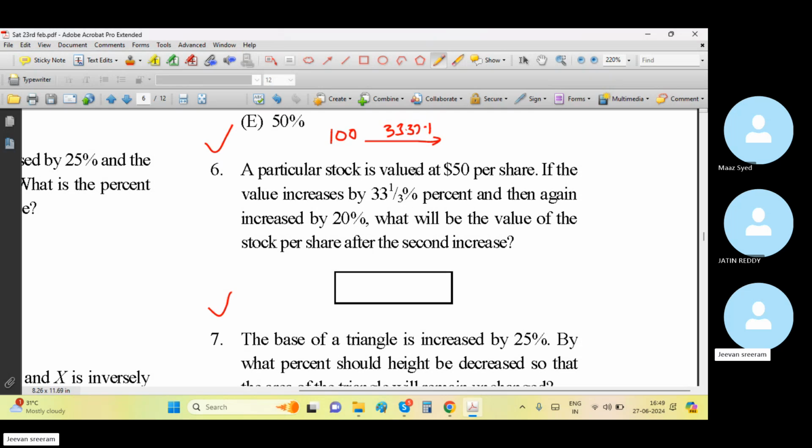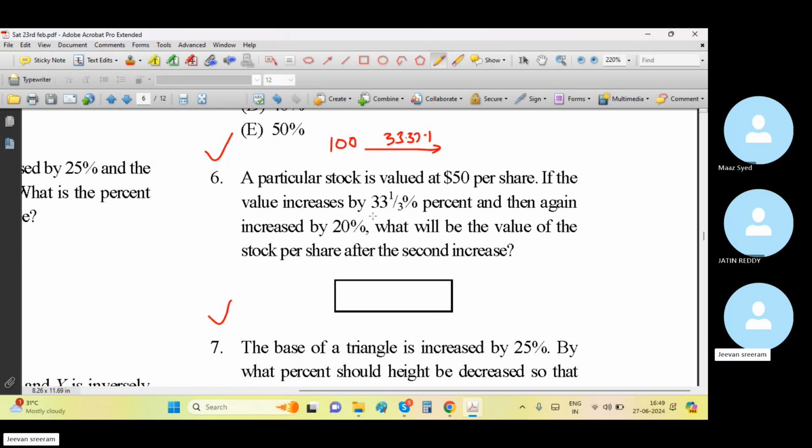If it is 100, a 33% increase means the final quantity is 133.33. Which means 1.33 times the initial value, right?